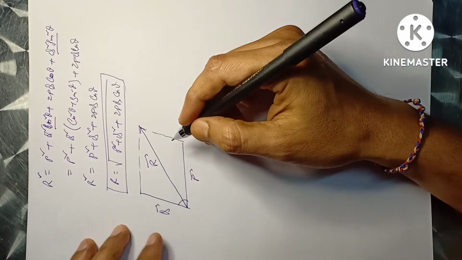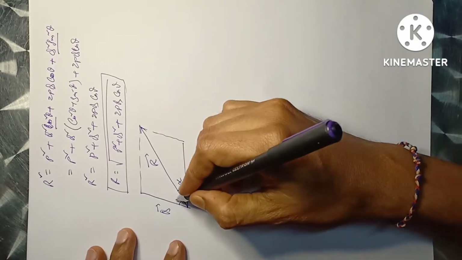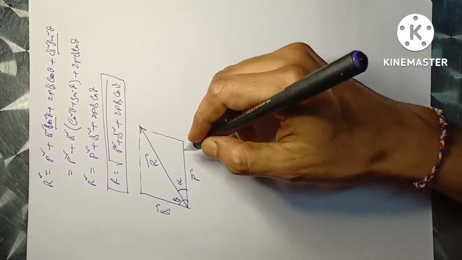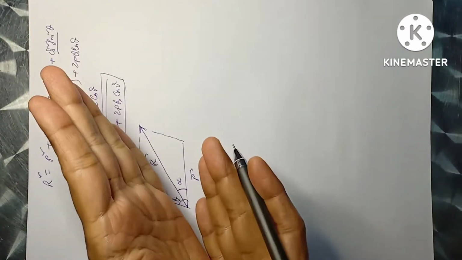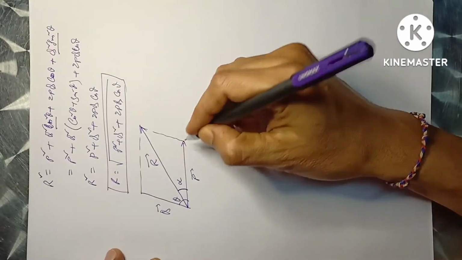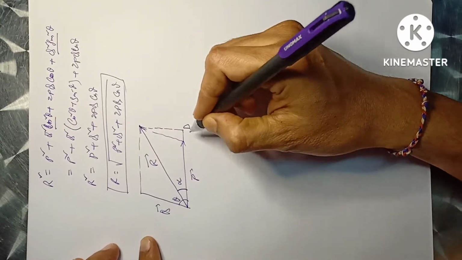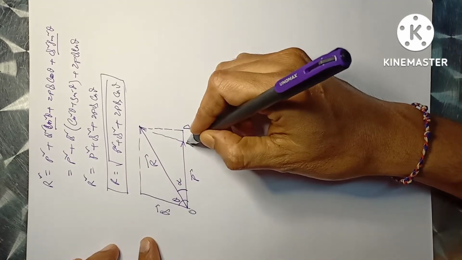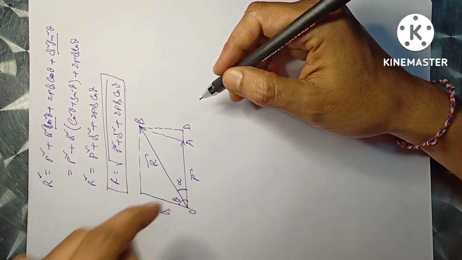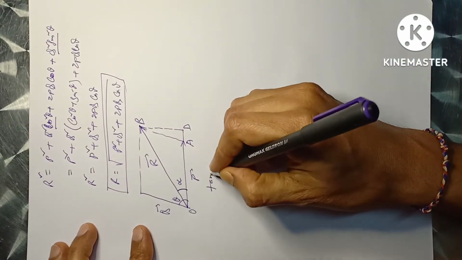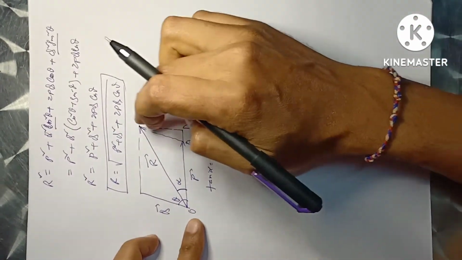Now to find the direction of R, let us consider that R makes an angle alpha, and this is theta. To find the angle alpha, where the resultant vector makes an angle alpha with respect to P, we can write, this is already drawn, O A B. So to find alpha, we can write tan alpha equal to perpendicular divided by base from this triangle ODB.